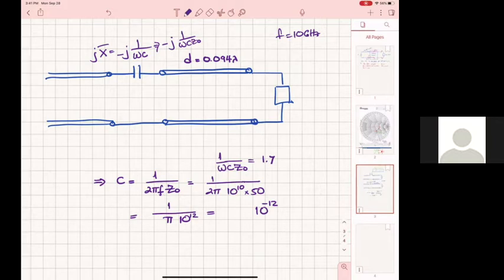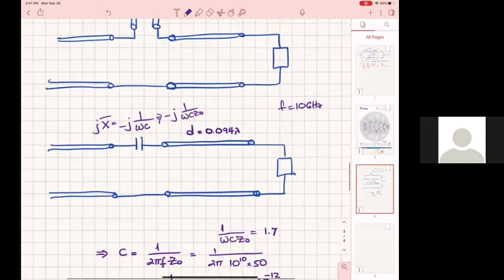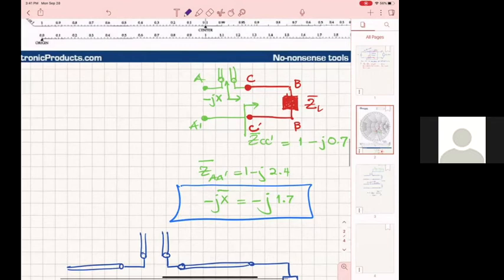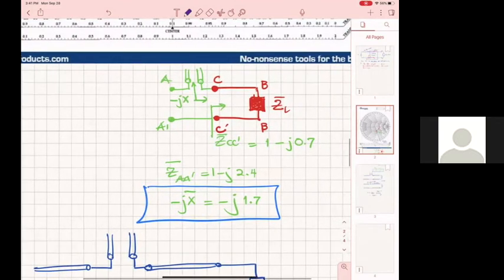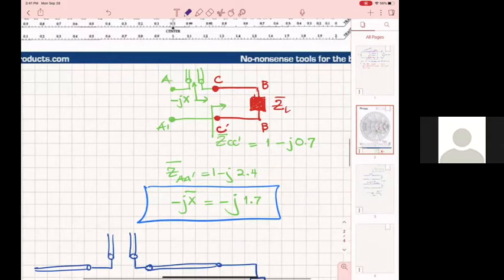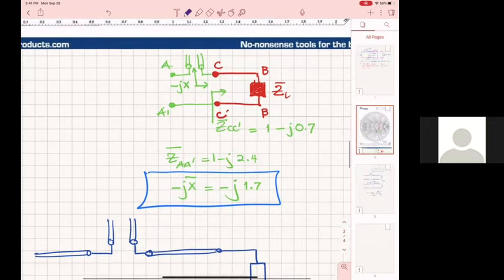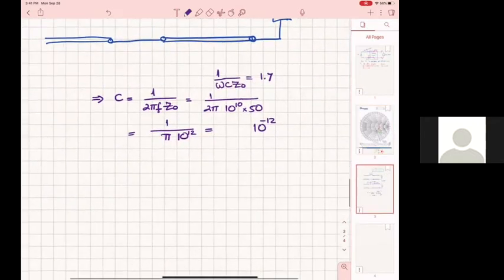Again, how do you get 1.7? From 2.4, you subtract 0.7, you get 1.7. Thank you. Okay. So it's 1 divided by pi, about 0.32.